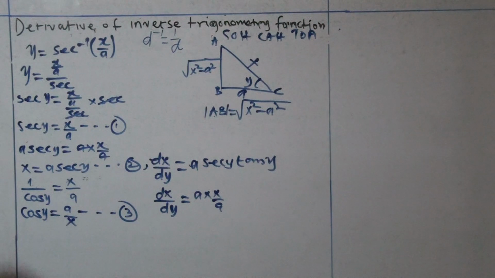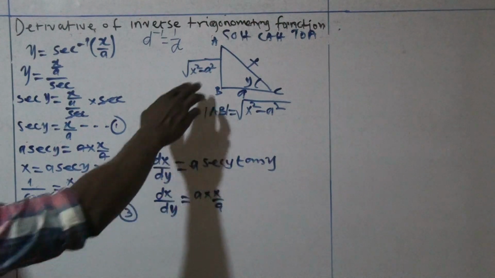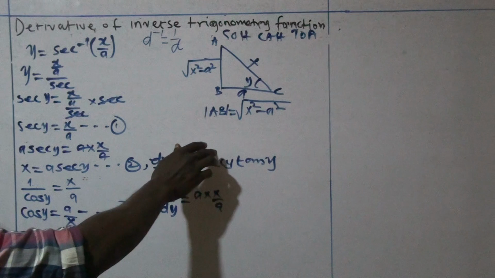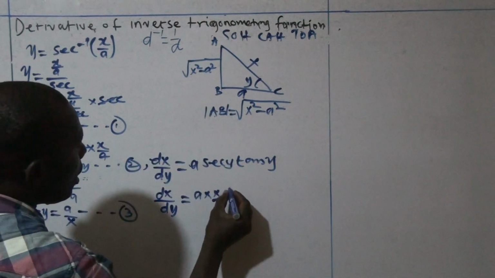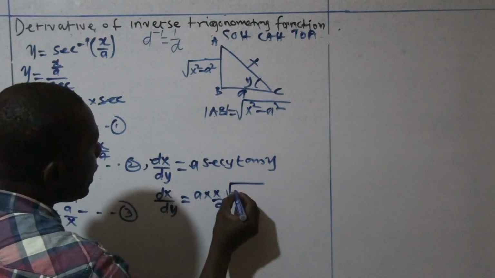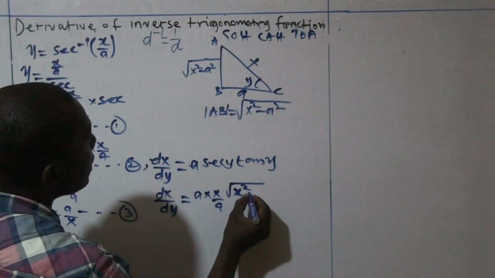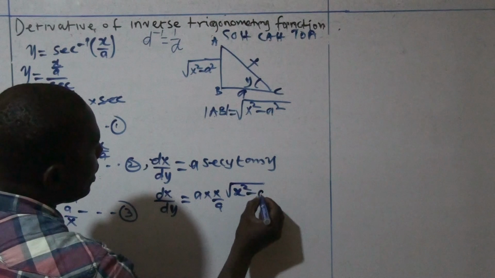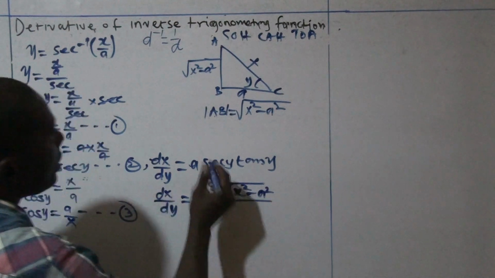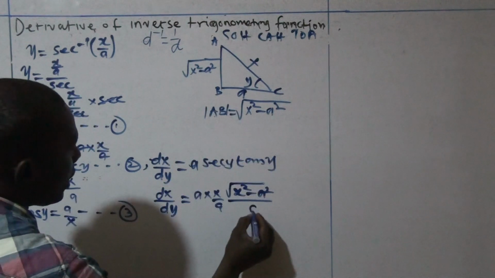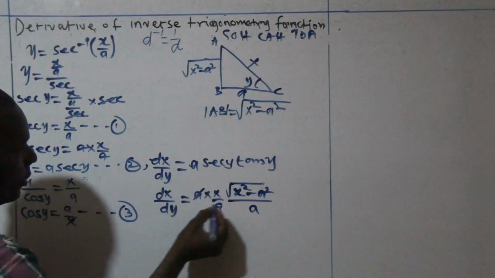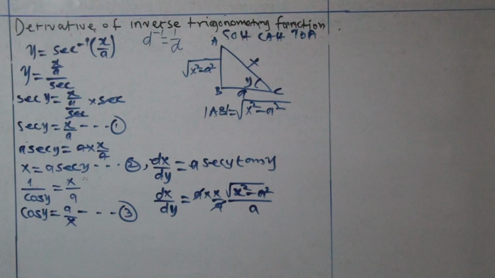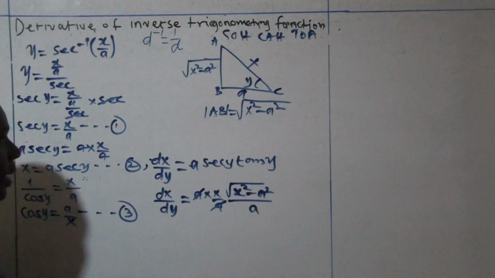Then let's look at tan. Tan is opposite over adjacent, which is root x squared minus a squared, that is the opposite. Then our adjacent is just a. An a can go with an a first, though we still have another a here.